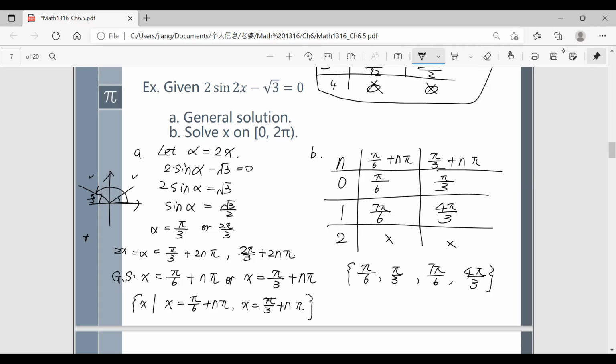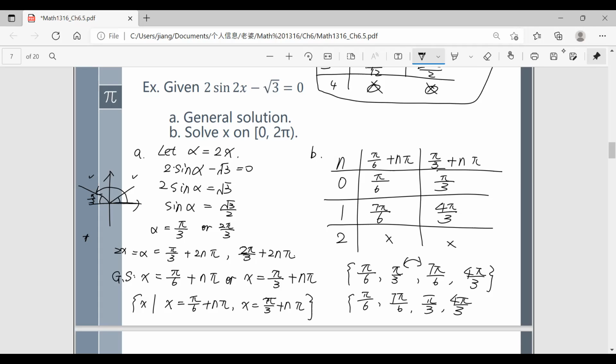Sometimes we want to order them from the small angle to the big angle, so you compare these two angles. This one is smaller than 7 pi over 6, so I can switch the position of these two. That's pi over 6, 7 pi over 6, pi over 3, 4 pi over 3.